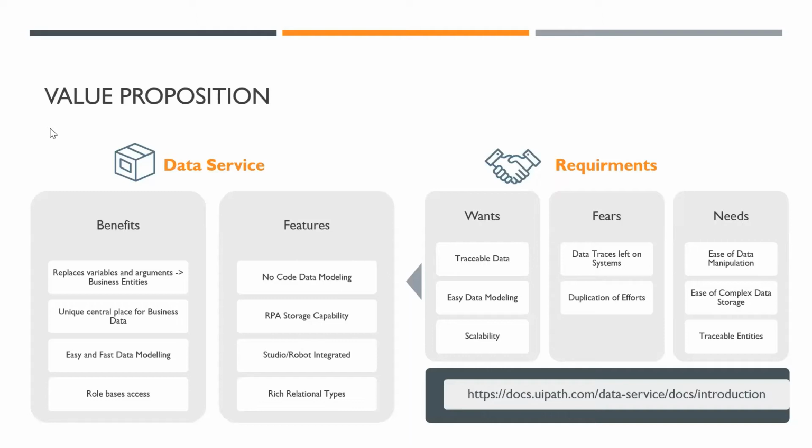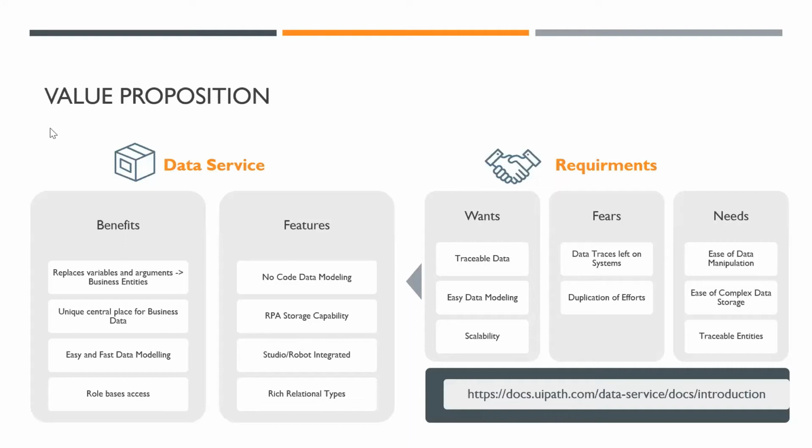There was also a need to ensure that critical business data is not left around on users' or robots' machines, shared files, network drives, or cloud storage services like SharePoint or OneDrive. And thus, Data Service was born. UiPath Data Service brings powerful no-code data modeling and storage capabilities to your robotic process automation projects.